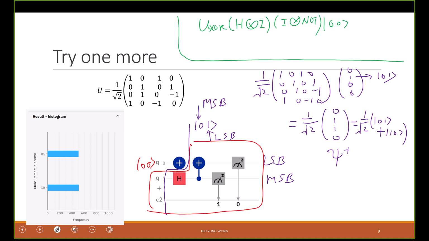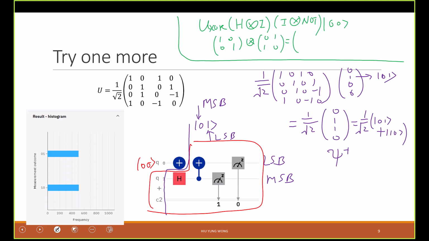And you can verify, right? Let's verify. You're making my progress very slow, but it's good. What is the NOT gate? It is 0, 1, 1, 0.